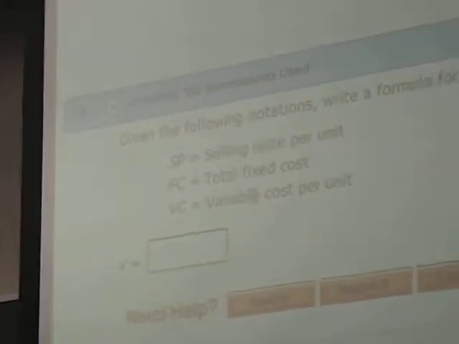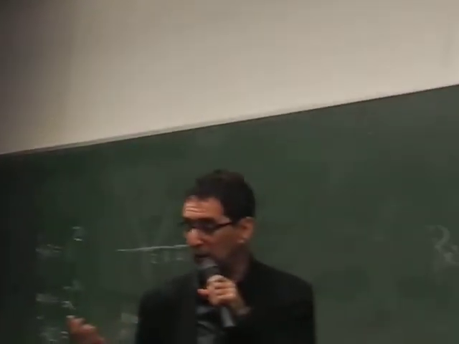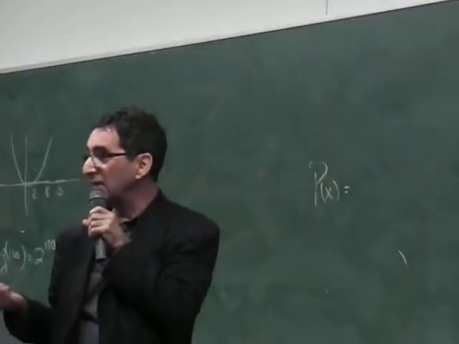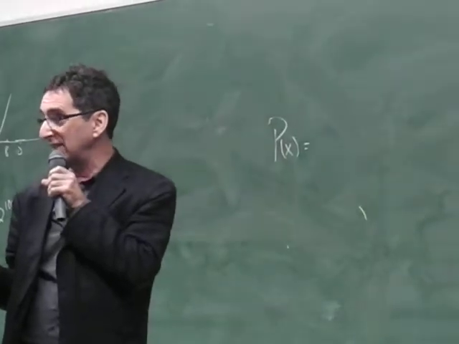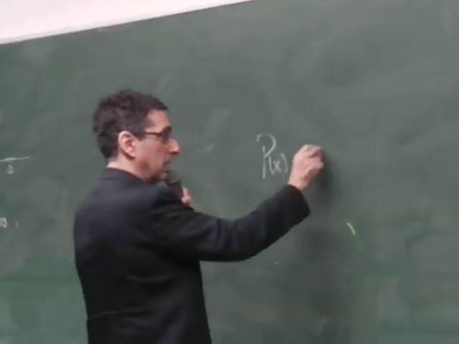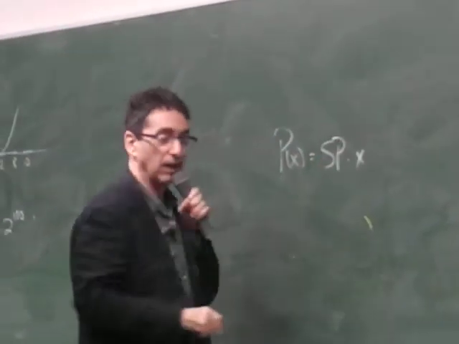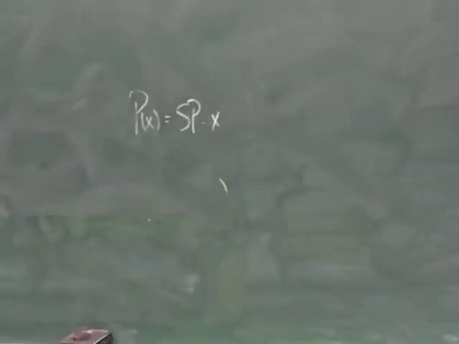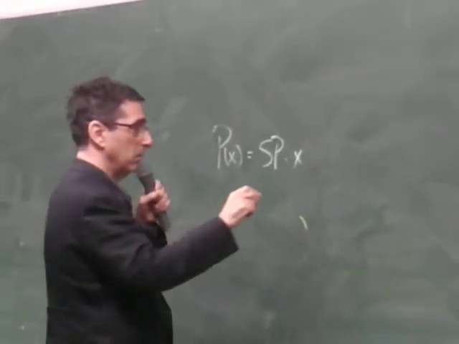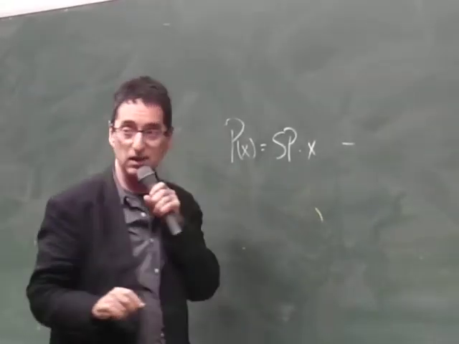It's the revenue. How do I write the revenue function? The selling price is SP, right? So the revenue is SP times X, right?